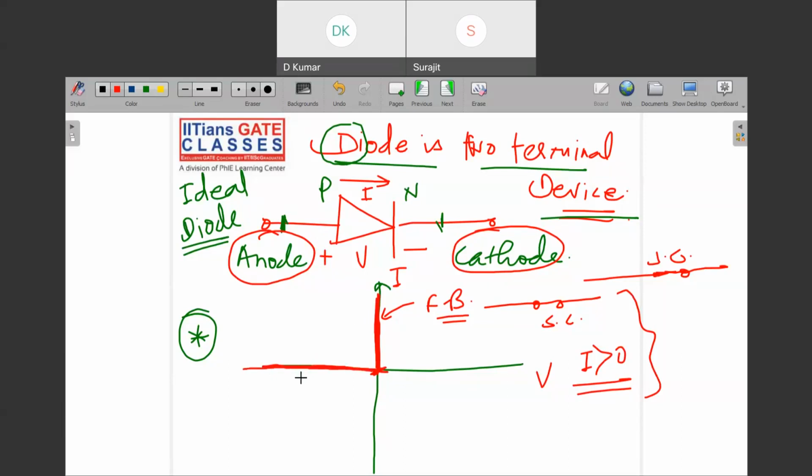This is the reason it exhibits reverse bias condition. Please keep this in mind. And the diode status will be open circuited. If you know these two important pieces of information, you can solve any question, right?